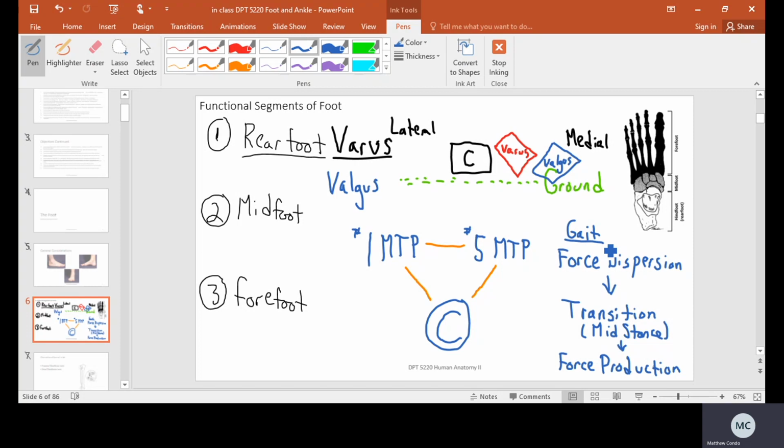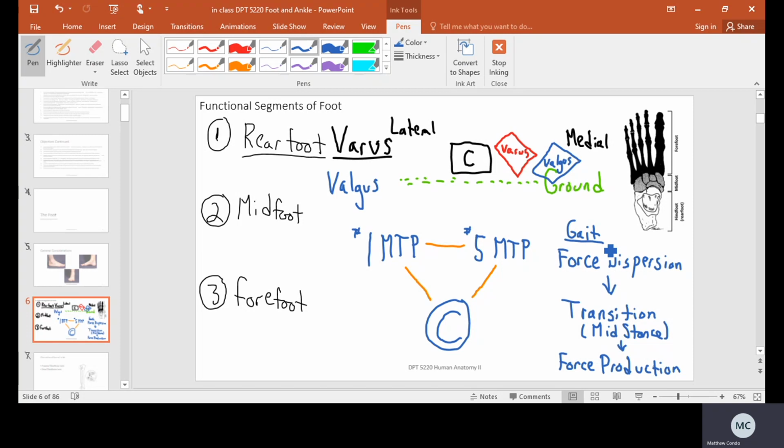When I'm weight bearing in inversion, am I weight bearing on a flexible surface or a rigid surface? I'm weight bearing on the 5th metatarsal, which is pretty rigid, as opposed to the medial side, okay?